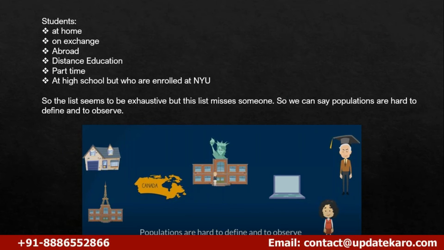There are some students who are sitting at home. There are some students who are on exchange. Some are studying in France and want to study in New York, and some are in New York University and want to study in Paris. Likewise, they come to some other university on exchange.